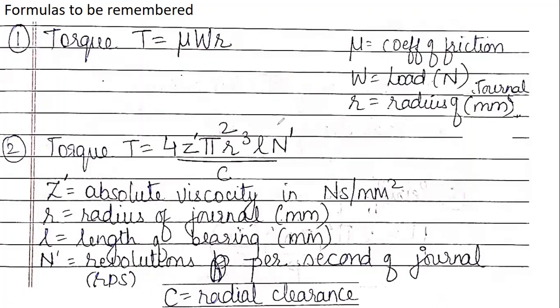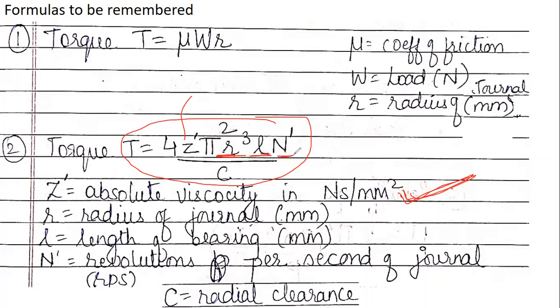Equation B we have derived previously while deriving Petrov's equation. So this you have to remember, 4z dash pi square r cube L n dash upon C, where z dash is absolute viscosity in Newton second per mm square. R is the radius of the journal in mm. L is the length of the bearing in mm.